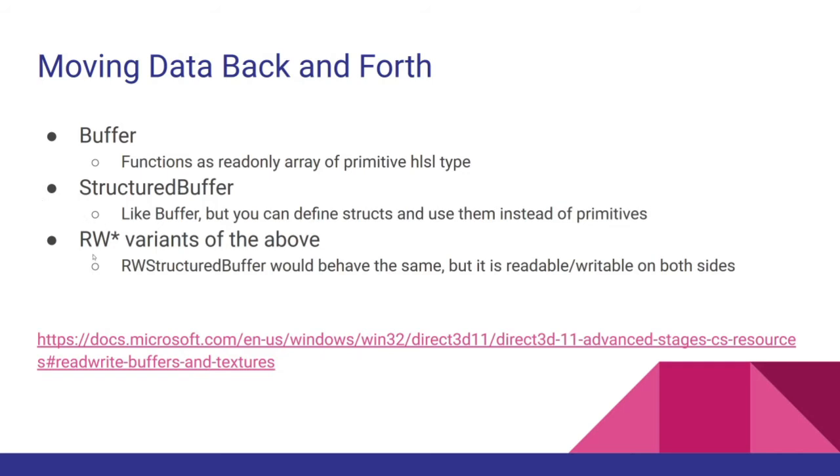And you can make them read-write as well, so that you can read and write to them, which is typically what I like to do. So I think most of my examples will use the read-write structured buffer, and that's what you'll probably use for most applications, I believe.